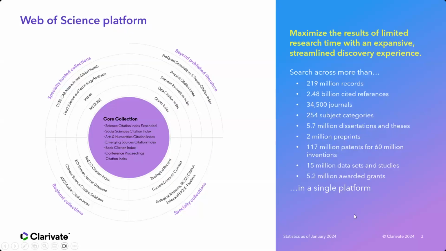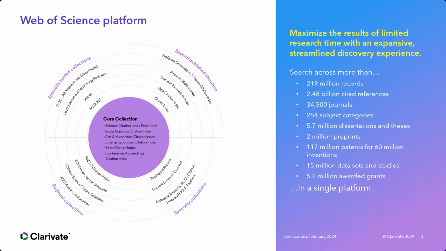So let's start with what is the Web of Science. Now, many of you will be familiar with Web of Science journals. So you will be familiar with terms like the journal impact factors, the quartiles of the journals. But the Web of Science itself is a platform, or what I like to call an ecosystem of different content sets that can be accessed in one location.